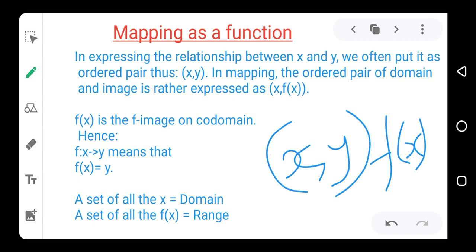So instead of having the x and y pair in mapping, we have x and f of x pairs.